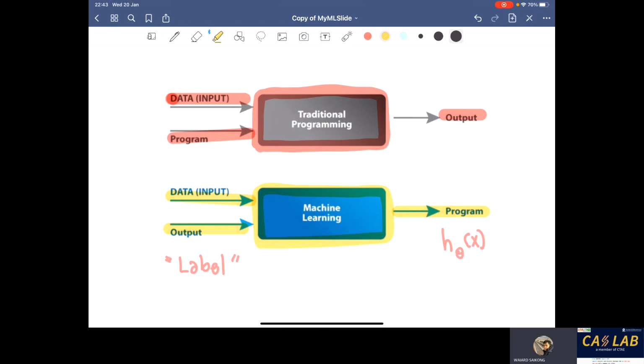We will feed our hypothesis function into the traditional programming, and we get the output. And then we don't need explicit programming anymore. That is the concept of machine learning.